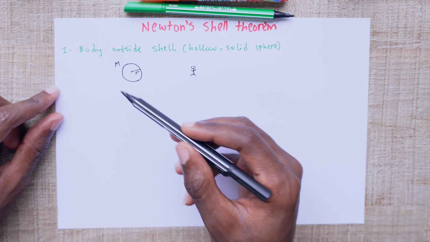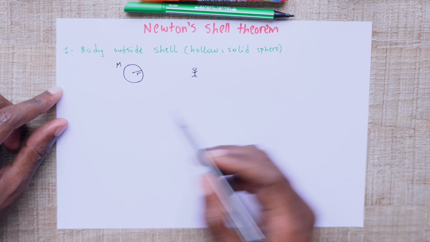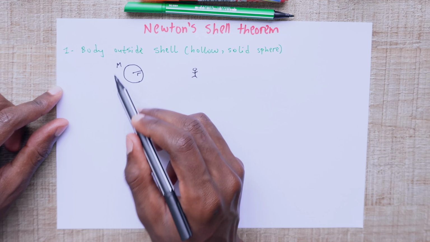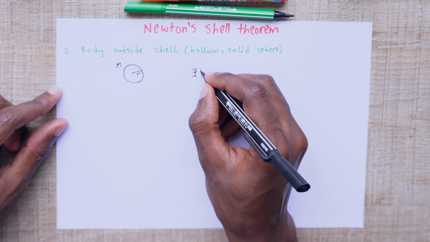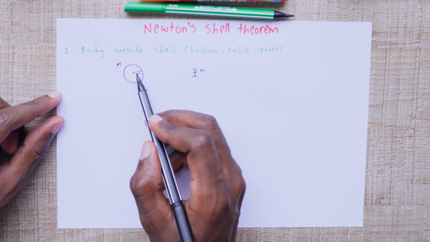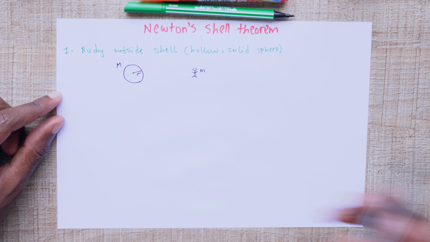Then Newton's shell theorem in this case states that the gravitational force exerted by this mass, capital M, on the body, small m, would be as if the mass was concentrated at its center.